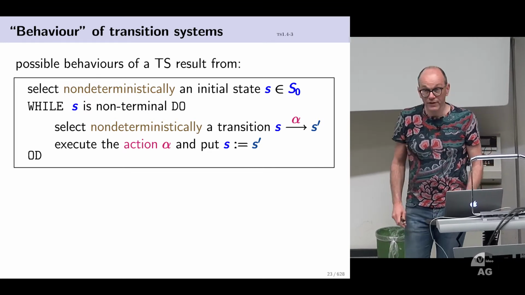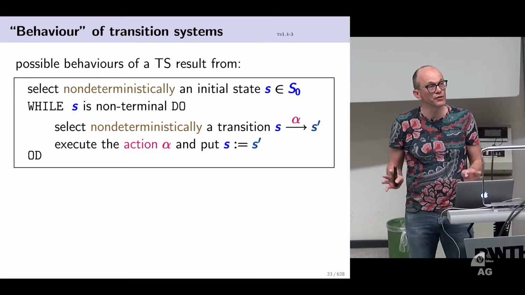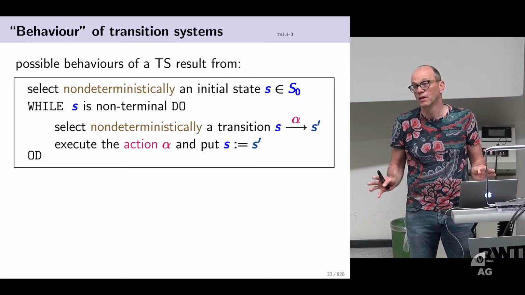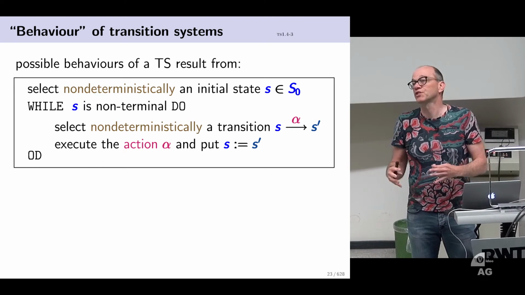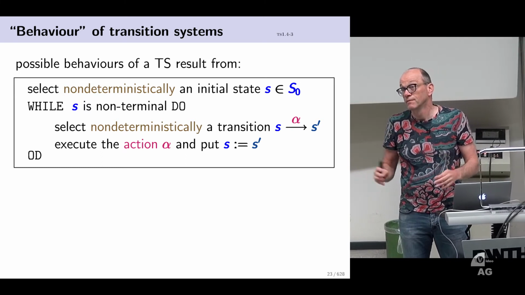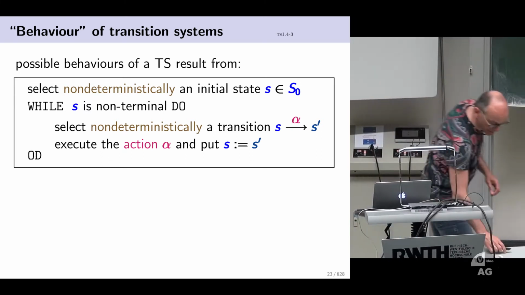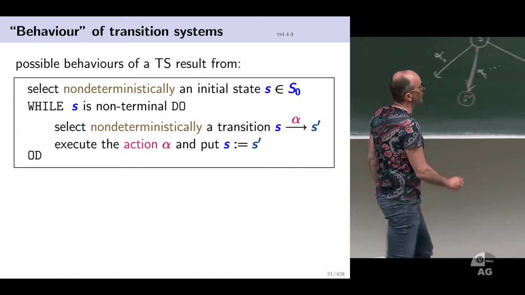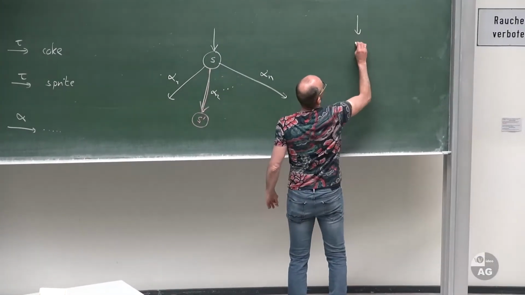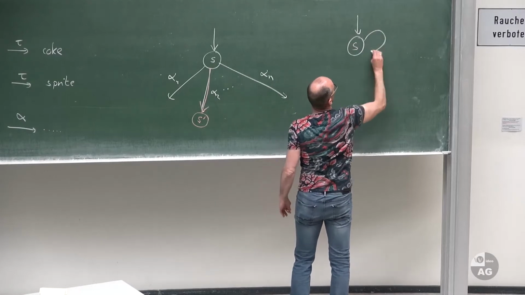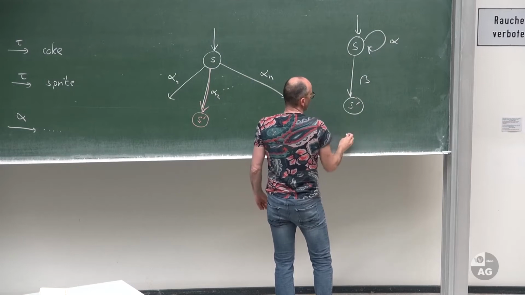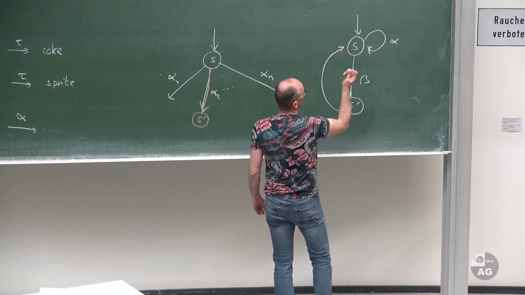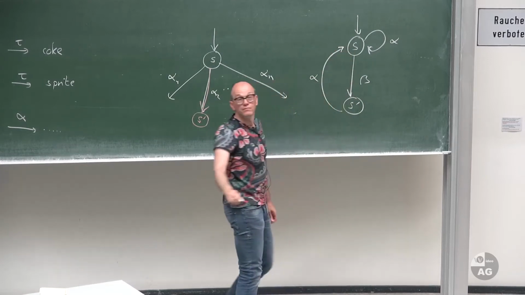One thing that you should have in mind: even if the transition system is finite, this pseudocode algorithm will not necessarily terminate. Maybe from S I have a transition, let's say with alpha I can move here, with beta I can move there, and from S prime we can go back, maybe again with alpha.